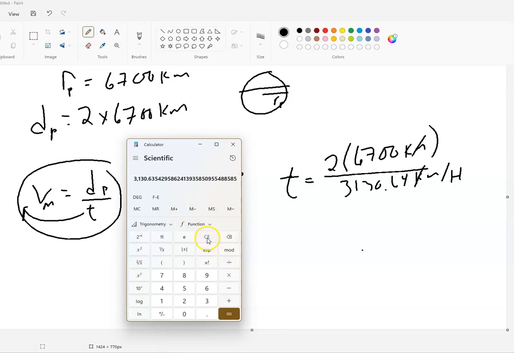It's going to be 2 times the radius of the planet, so 6,700.